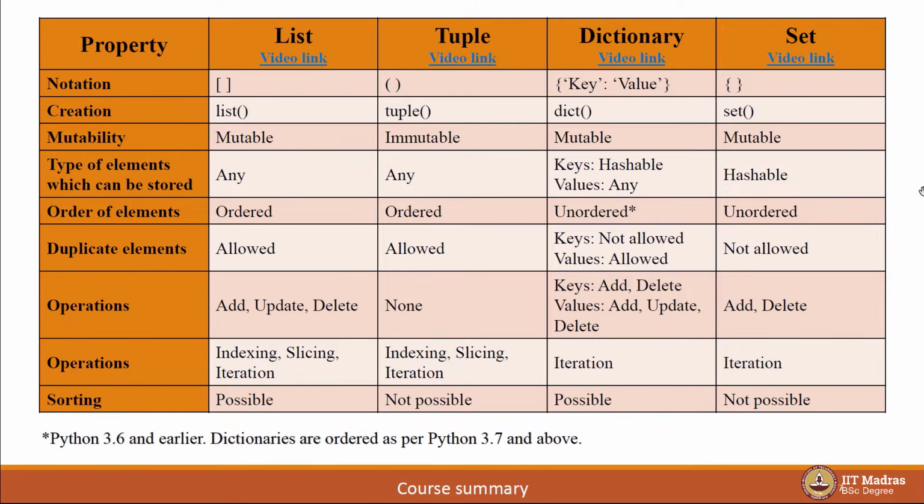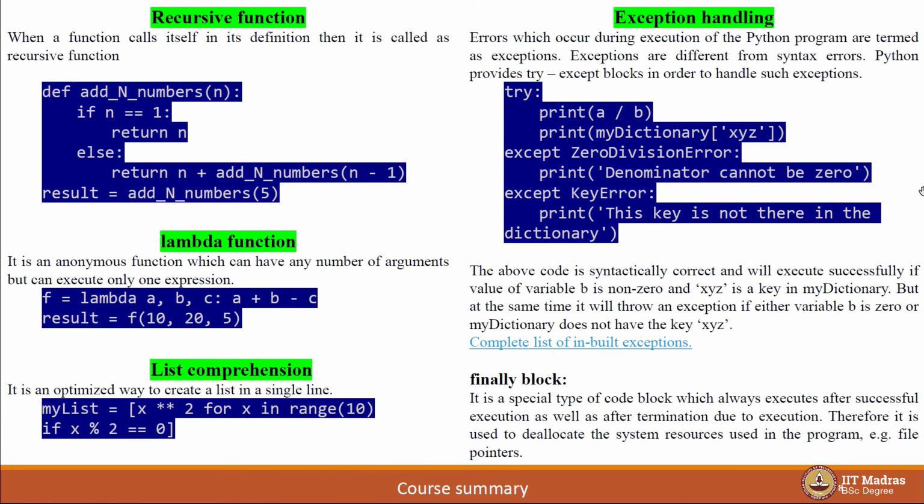For more details, we have added the specific video links of these 4 collections in this particular table itself. These are the same lectures which you studied earlier in week 6. In fact, this table representing the comparison between these 4 collections was also available in that particular week. So instead of spending too much time on this, let's move to next concept, which is recursive function.